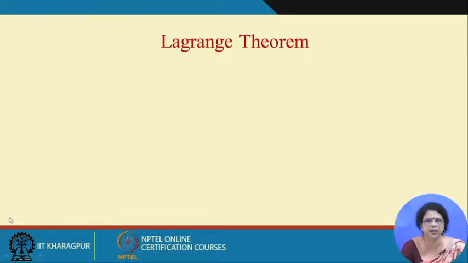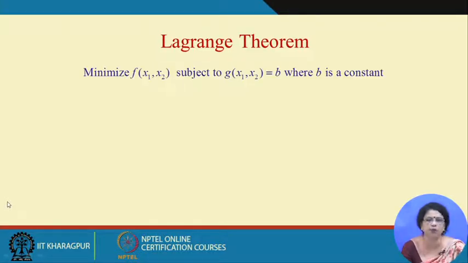Now, let me revisit the Lagrange theorem. In the Lagrange theorem, we consider a two variable function, both objective and constraint: minimization of f(x1, x2) subject to g(x1, x2) equal to b.